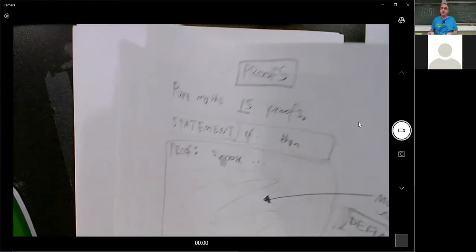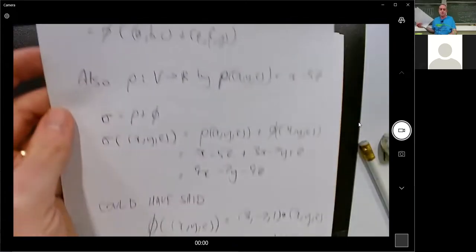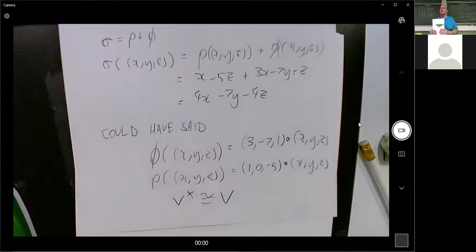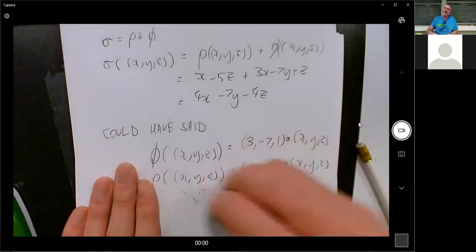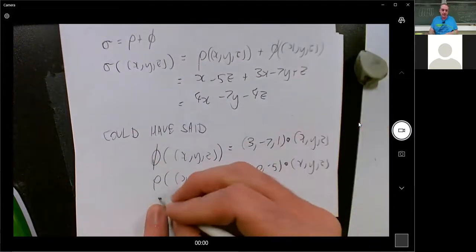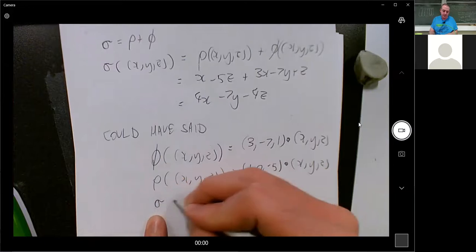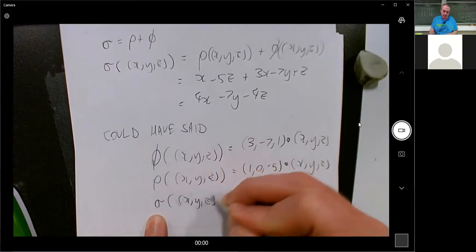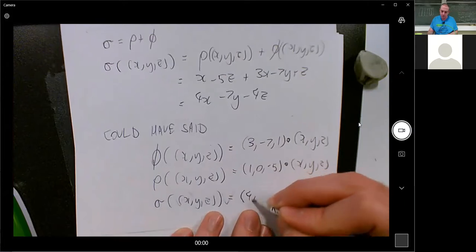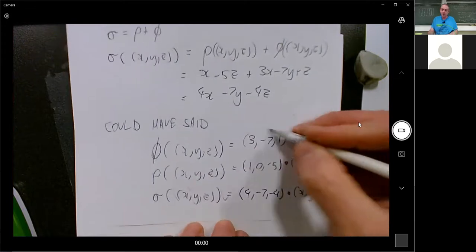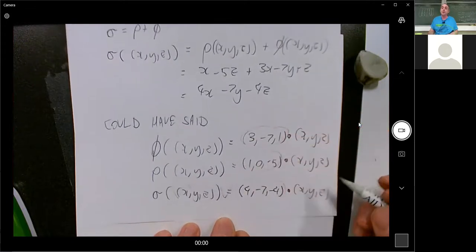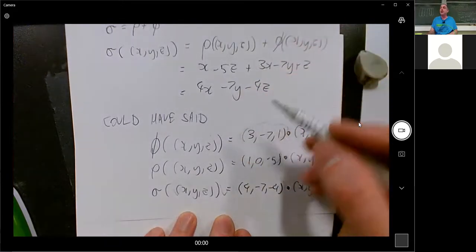Oh, that was just me noticing that they look similar. I haven't proved it's isomorphic. It looks like they are. So when I added them together, this vector plus this vector is this vector, which is exactly what happened when I did the calculation.